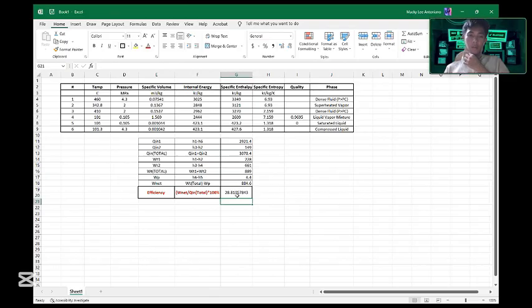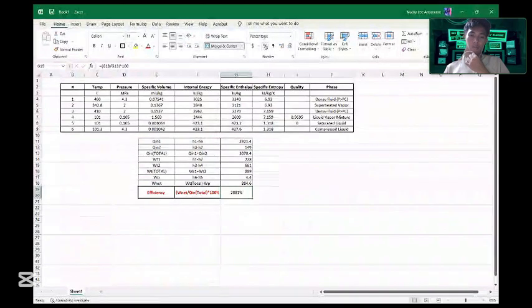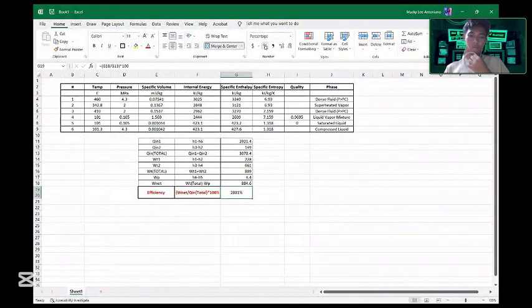Then we have a value of 28.81%. Only the number, no percentage sign. So that is our answer, 28.81%.